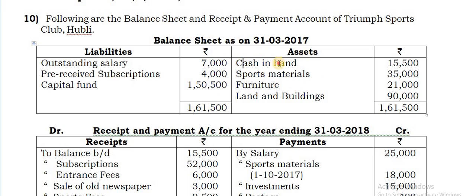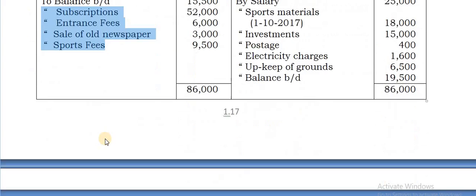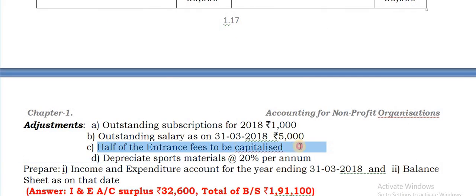Assets are given: cash in hand, ignore because the same is here, 15,500. Then these three will go to the balance sheet on the asset side. Coming to the receipt side, balance drawdown, ignore. Subscriptions will go to the income and expenditure account credit side. All these four items will go to the income and expenditure account credit side. Entrance fees: half the entrance fees are to be capitalized.